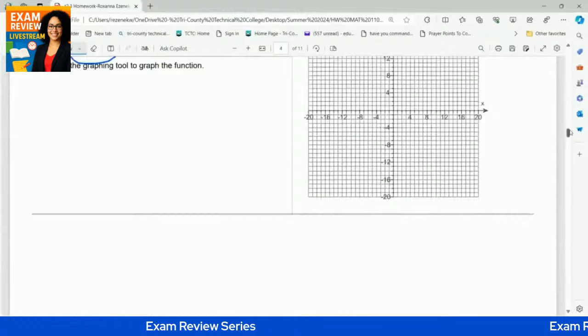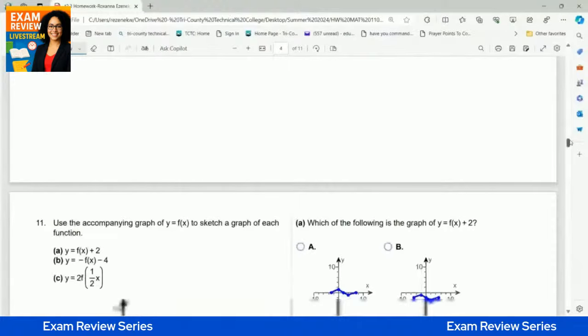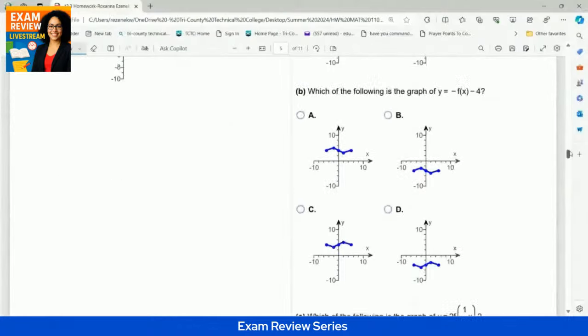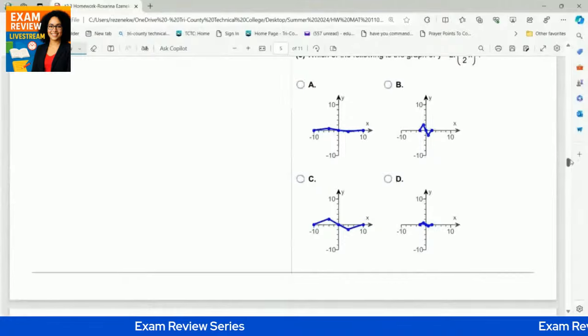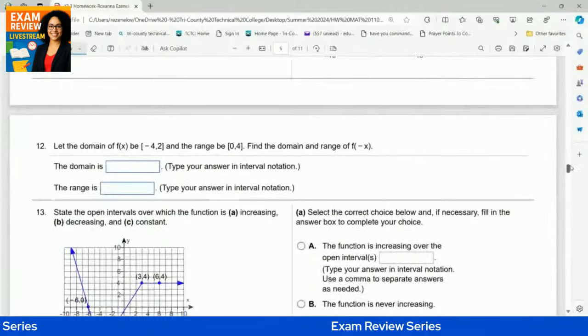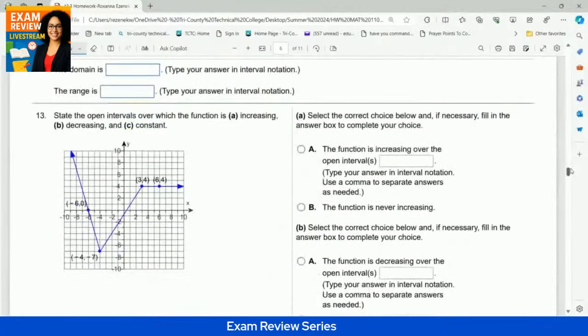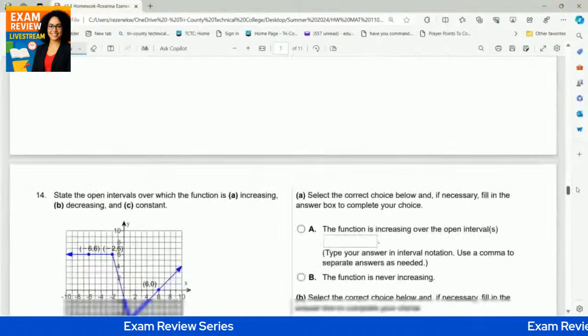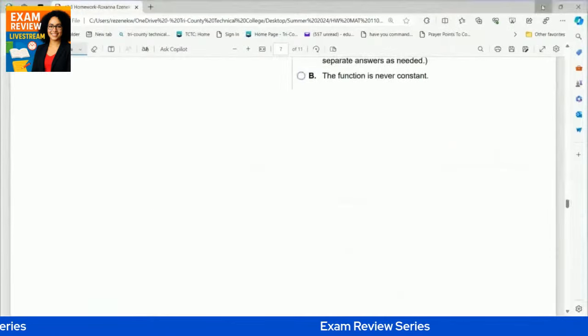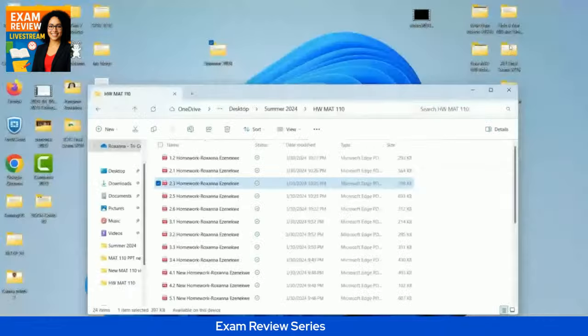All right. Before we get too far, one thing I want to make sure we do now is that we know how to solve an absolute value equation. So where I'm going now is the practice test.